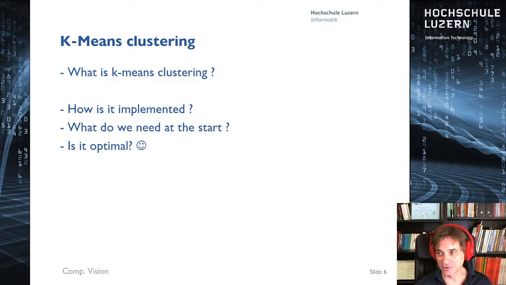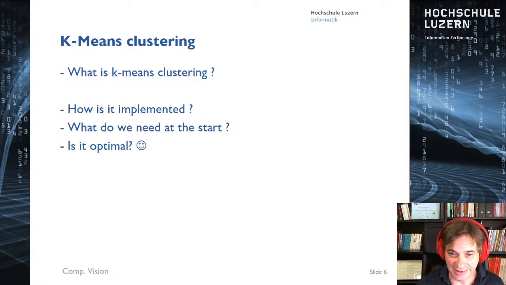One feature, for example, could be color. So you could just do k-means clustering on the color. That would be the straightforward approach. You could also use some texture features that we will look at in the next lesson. But for now, just imagine that you would do it on color.